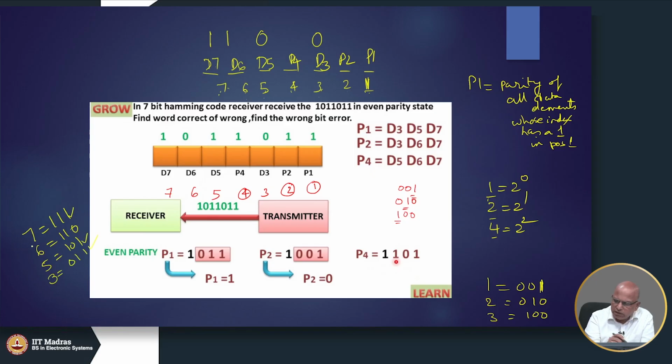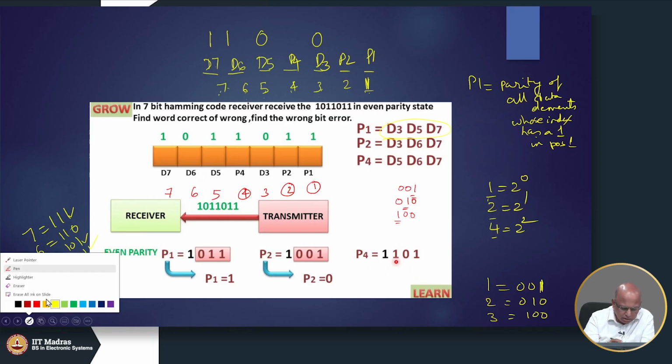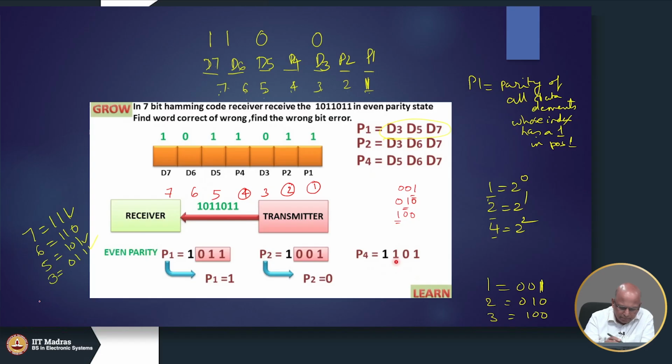So D3, D5 and D7 will be taken, because these data indices 3, 5 and 7 have a 1 in this position. In the same way, look at all those data indices which have a 1 in the second position: that is 7, 6 and 3. Similarly, those which have a 1 in the last position are 7, 6 and 5.